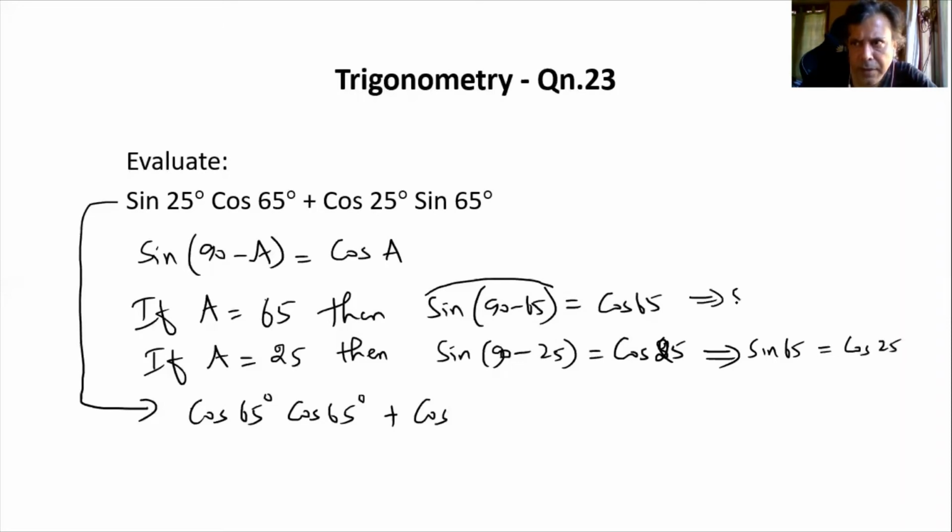Here it is sine 25 is equal to cos 65. So that is what we did here. Sine 25 is cos 65 that I wrote. Here I will replace this cos 25 as sine 65.